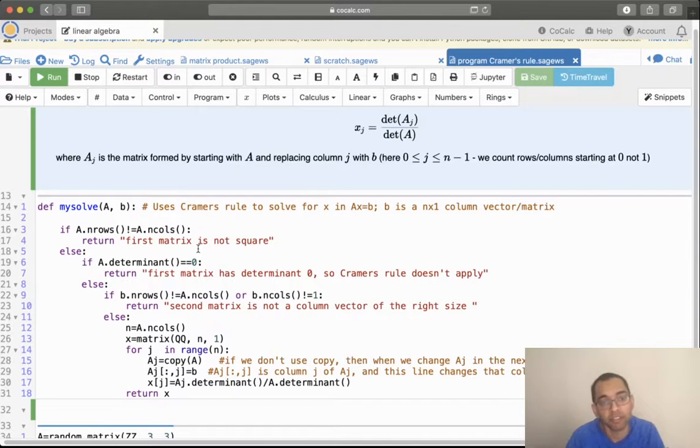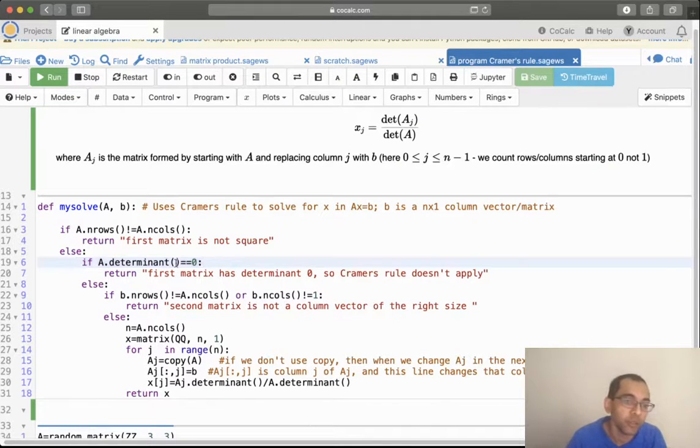Okay, so then if it is a square matrix, we can compute its determinant, and we have to check that the determinant is non-zero in order to apply Cramer's rule, because again, Cramer's rule has the determinant of A in the denominator. So here's a line where we check, is it equal to 0?